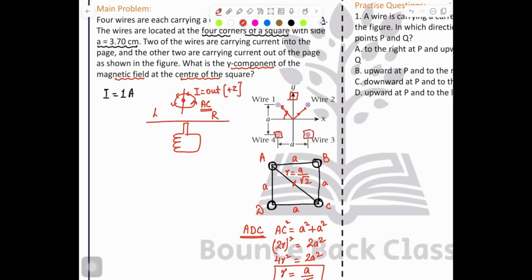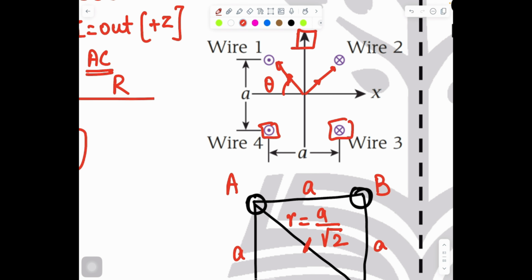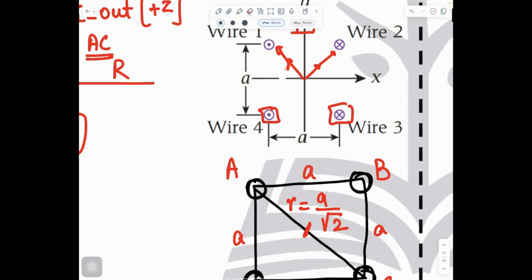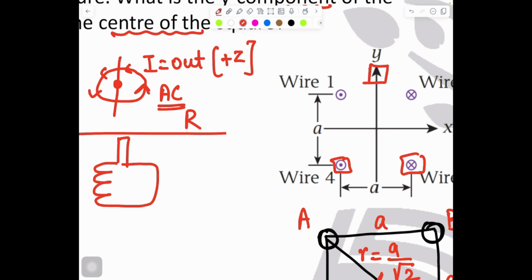So take the angle theta this side. Make it big. I'll change the color so that it will be easy for you to understand. Let's say you find out the first case, it is going upside. When you solve the other three also, you will get angle theta.